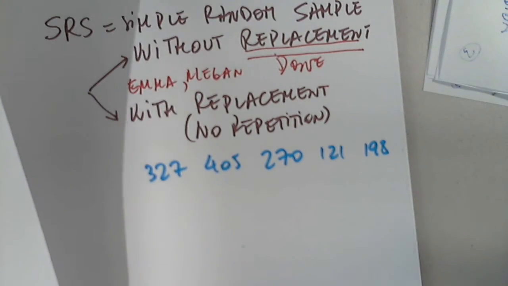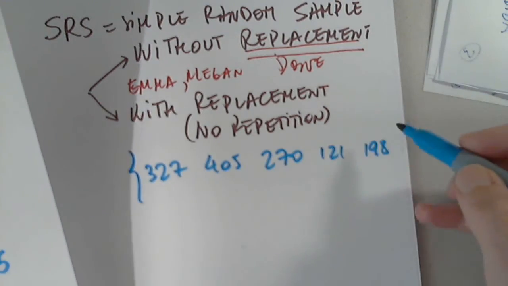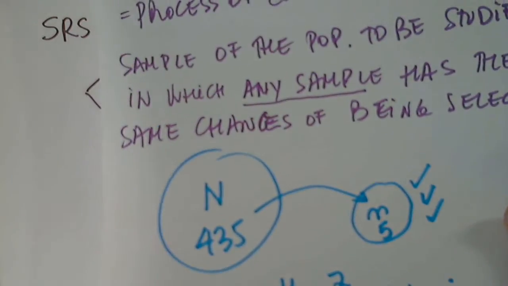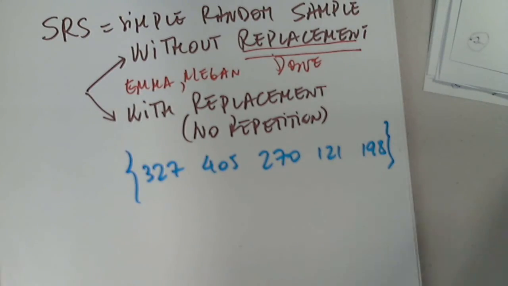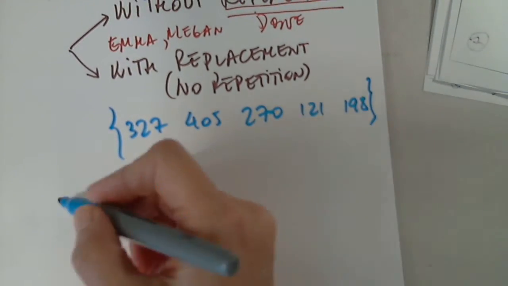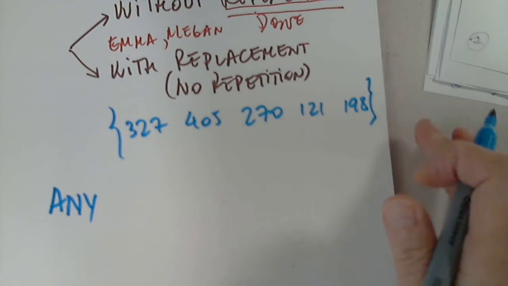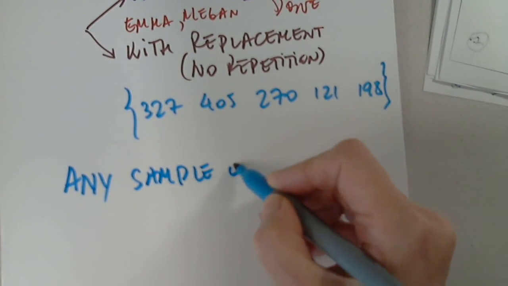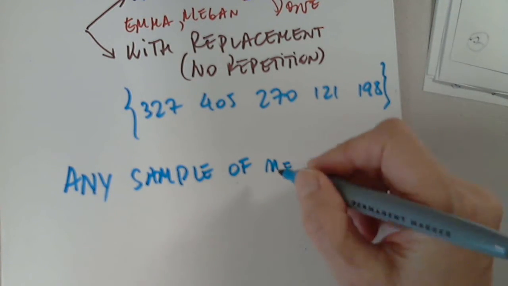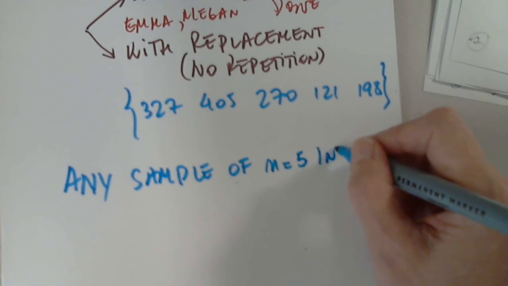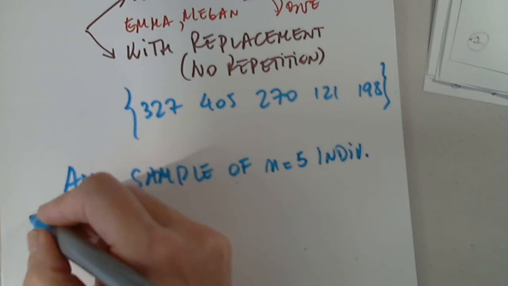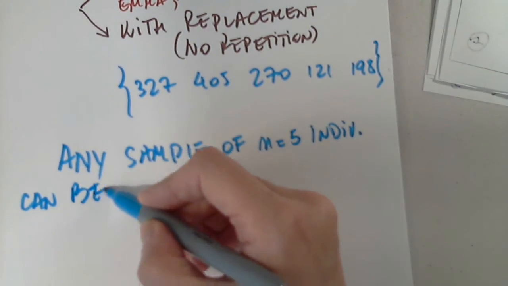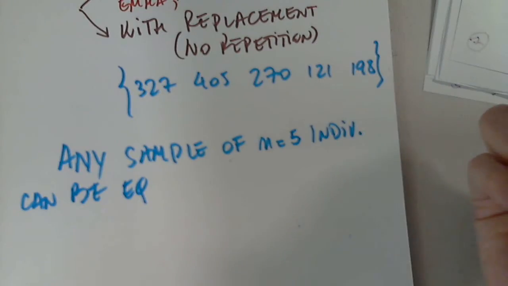And I can repeat as many times as I want. So these are the numbers that I picked from 435. So in this way, any sample of n, small case n, 5 individuals can be selected, can have equal chances.